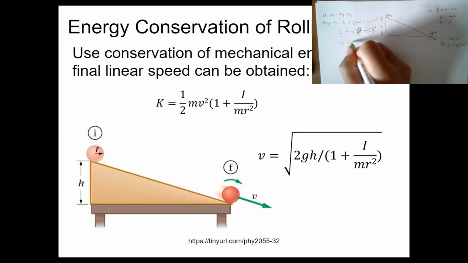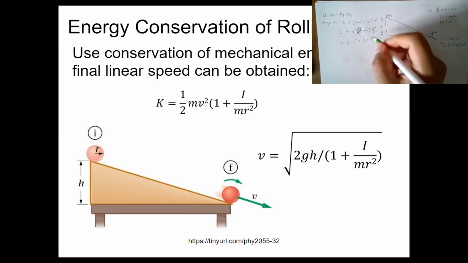You can rewrite this as 1/2 mv² plus 1/2 mv² times I over mR².